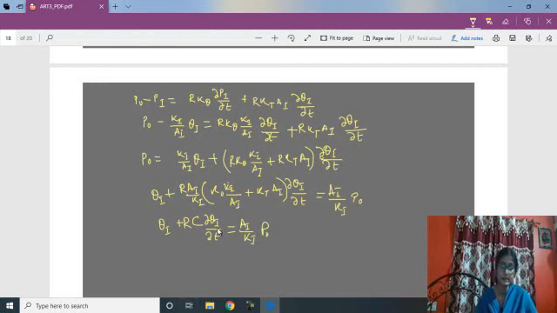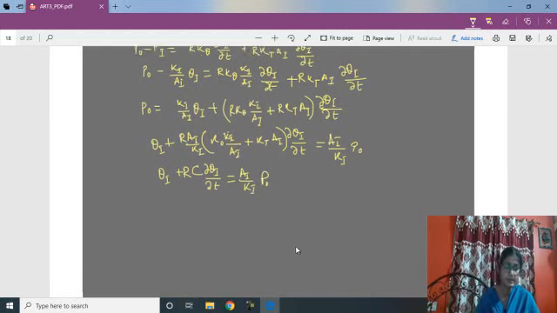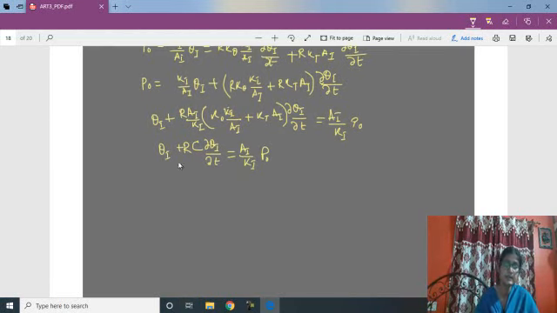So this is like the desired expression, θI plus RC dθI dt plus the constant into P0.